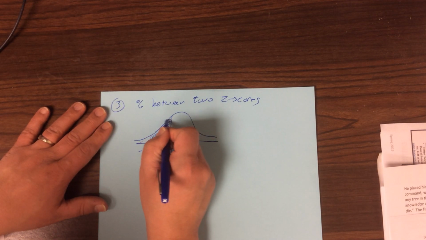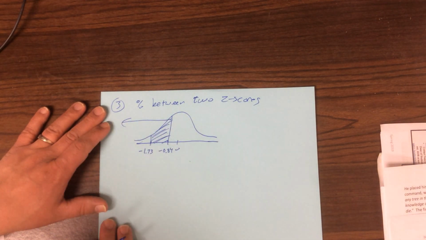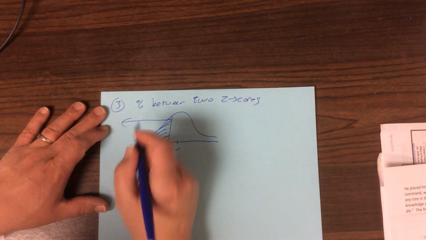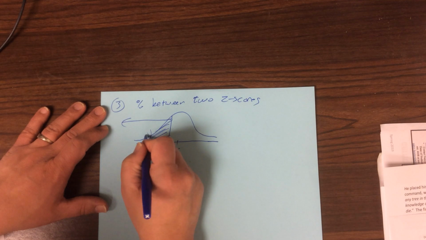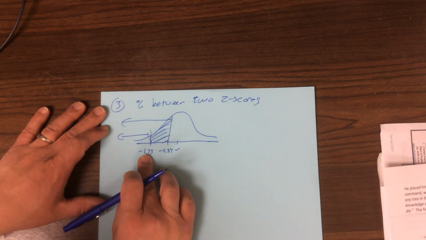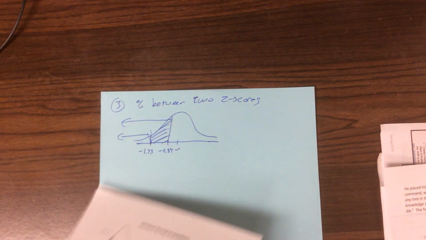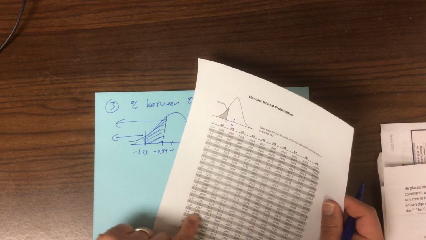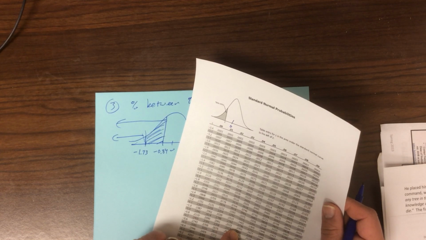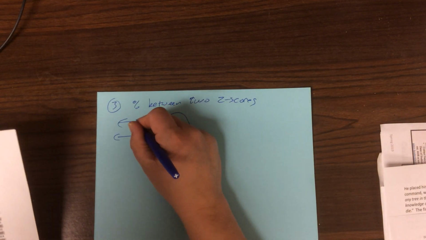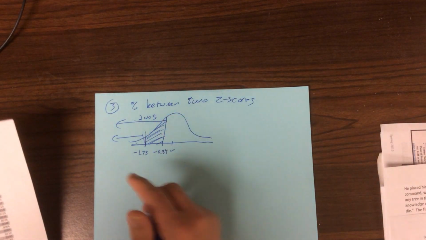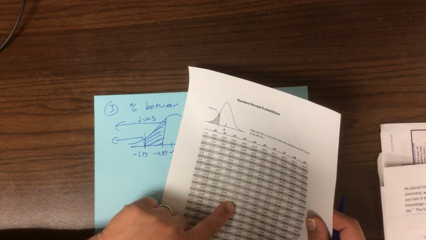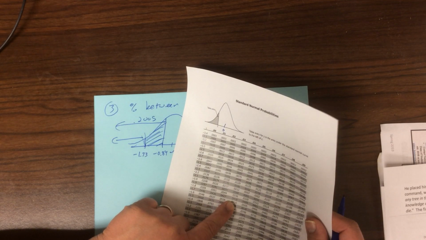Okay, so when I look up this one, I'm going to get all the area from negative 0.84 on down, and that's too much area. So what I actually want to do is subtract the area below the other one. So I'm going to go to my negative side of the table and look up negative 0.84, and that gives me 0.2005. And then I look up the area for negative 1.73, and that gives me 0.0418.